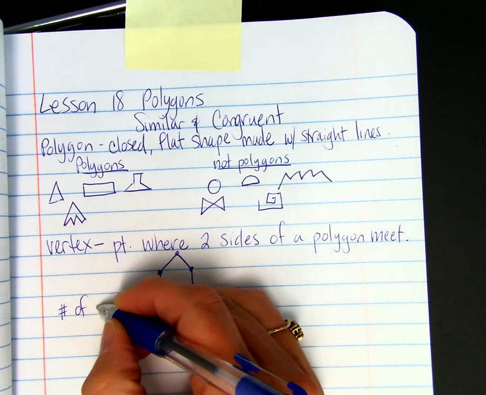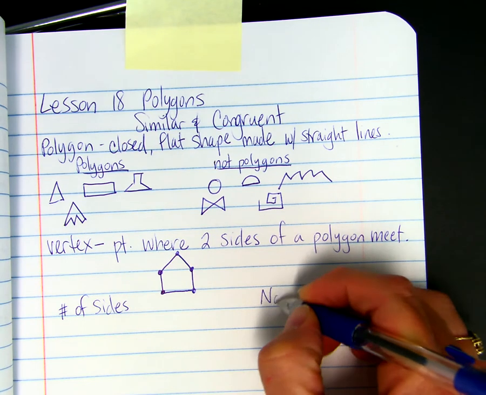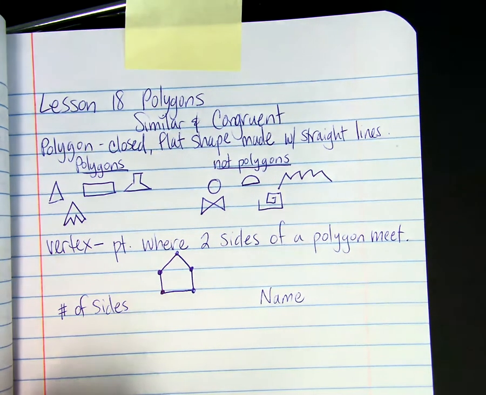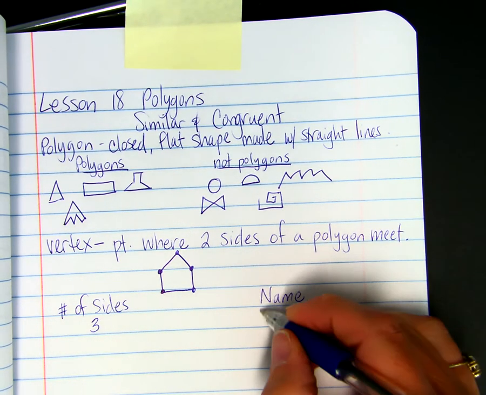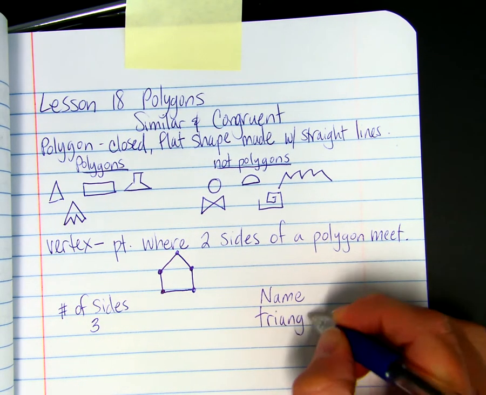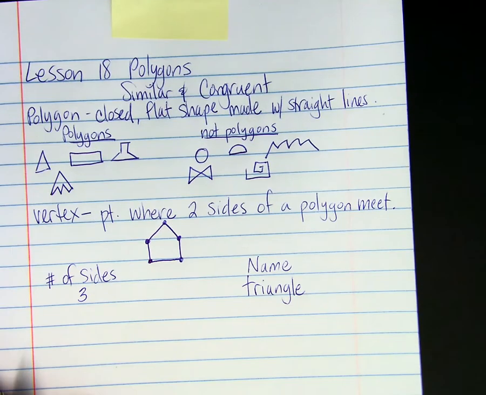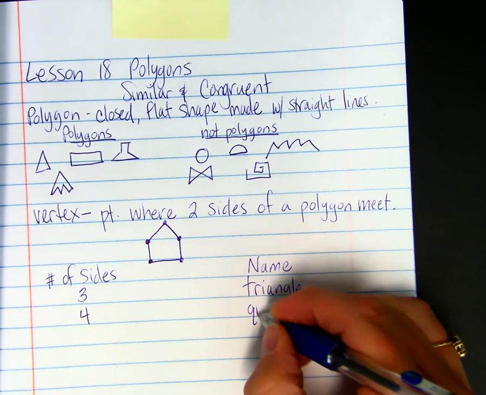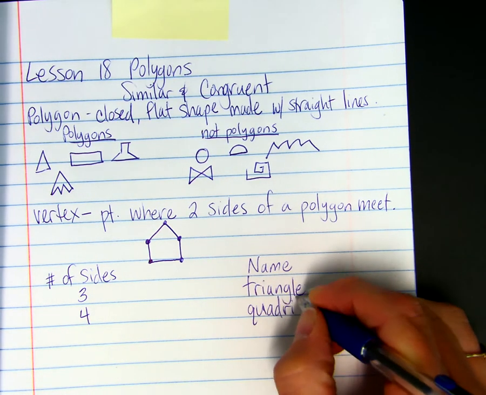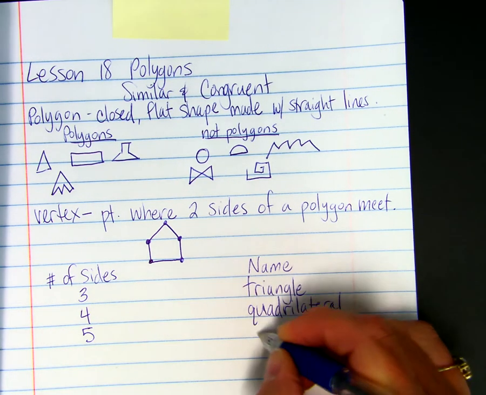We name polygons by how many sides they have. So if it has 3 sides, it's called a triangle. And you cannot have less than 3 sides in a polygon. 4 is called a quadrilateral. 5 is a pentagon.